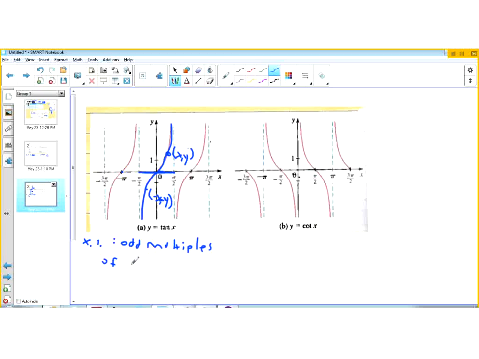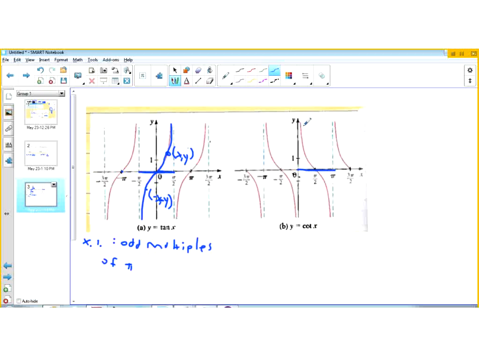And the same discussion goes with the cotangent function. The only exception is that we choose 0 to pi as the base period, because from 0 to pi, the cotangent function flows through its full range of values from negative infinity to positive infinity.